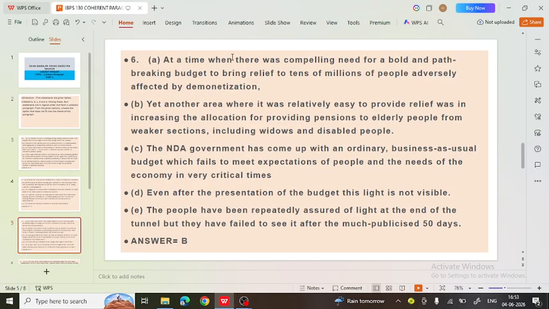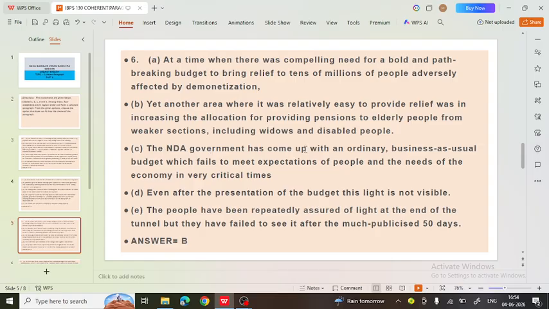Next example. At a time when there was compelling need for a bold and path-breaking budget to bring relief to tens of millions of people adversely affected by demonetization, yet another area where it was relatively easy to provide relief was in increasing the allocation for providing pensions to elderly people from weaker section including widows and disabled people.